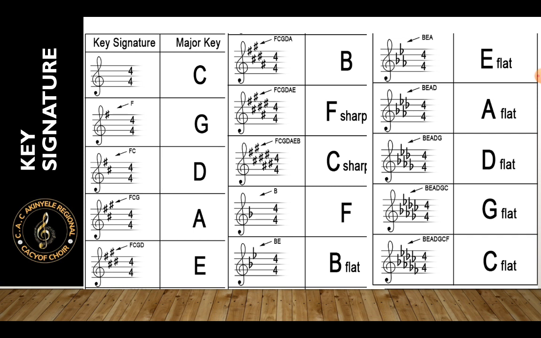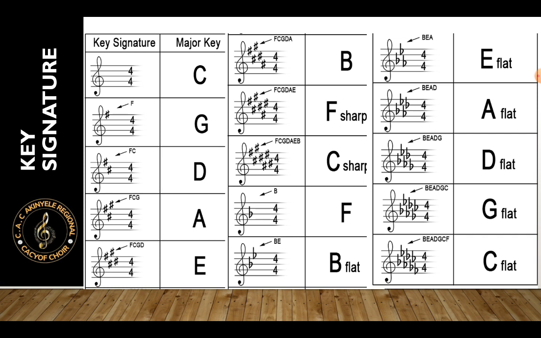But please let me quickly note this, and please try to listen at this point in case you quickly forget the keys that have two sharps, three sharps, four sharps, five sharps, six sharps, and seven sharps. This will help you to quickly remember.